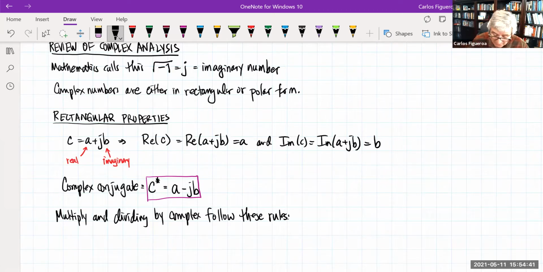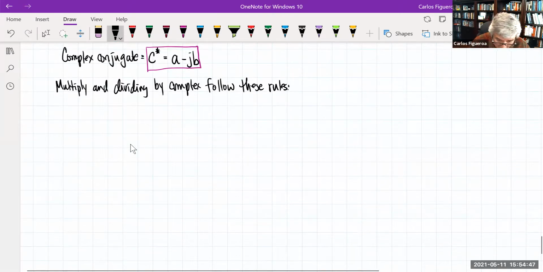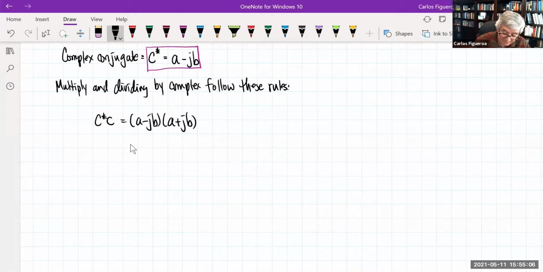The rules are fairly simple here. If I multiply C star C, then I'm really multiplying a minus jb by a plus jb.